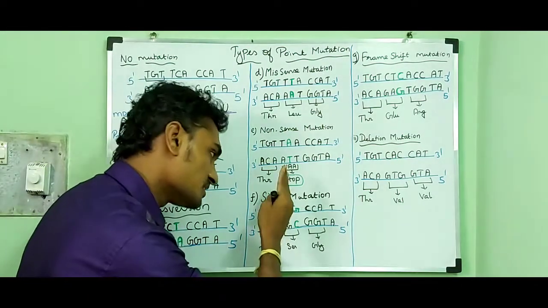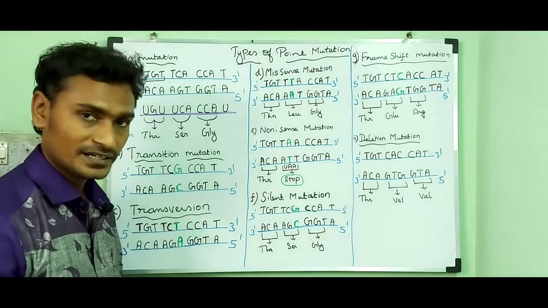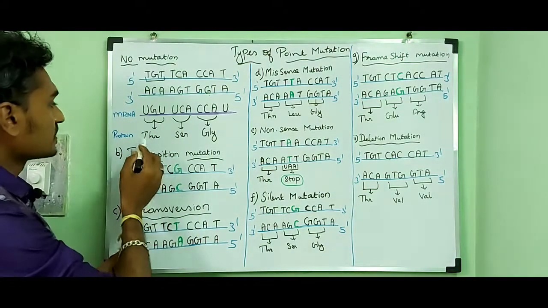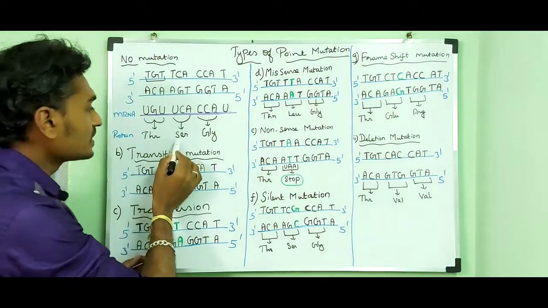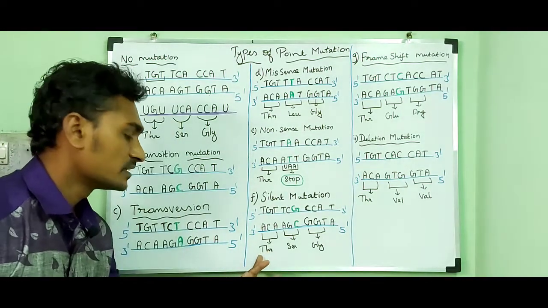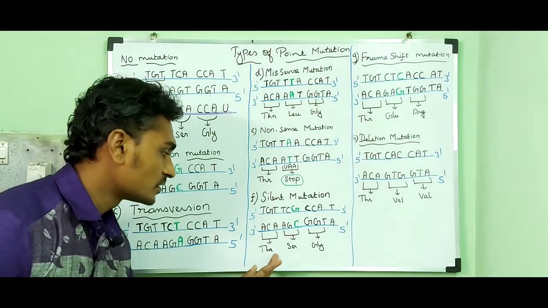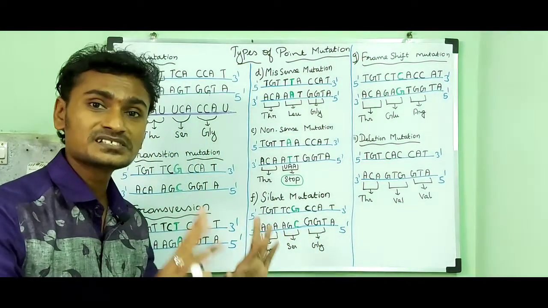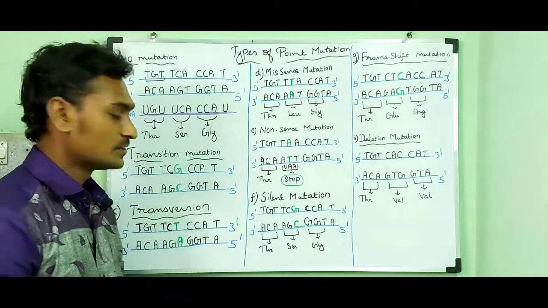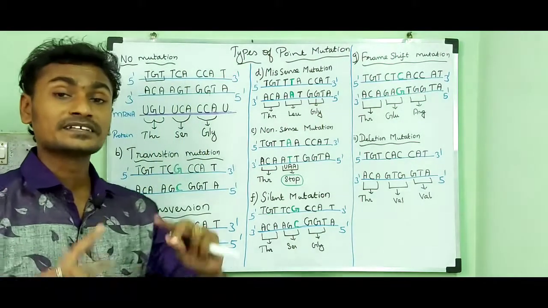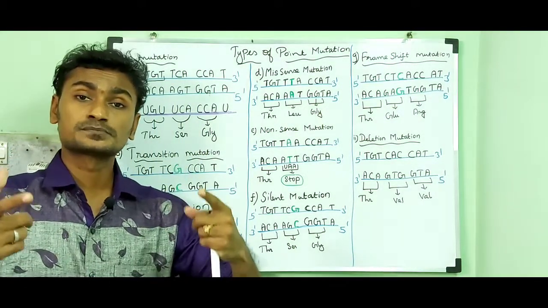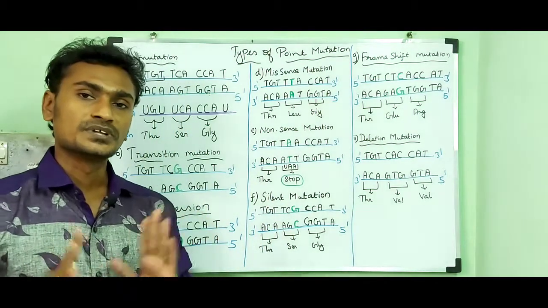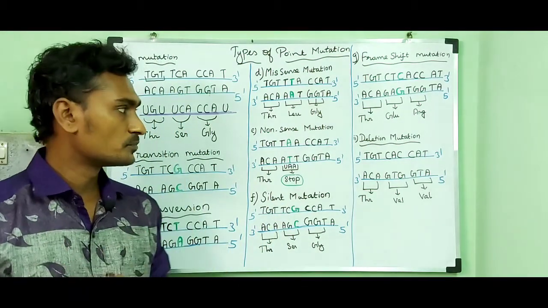Here mutation takes place, but it produces the same amino acids, threonine, serine, glycine. So here also it produces threonine, serine, glycine. So that mutation is not expressed in the phenotype. That is called silent mutation.